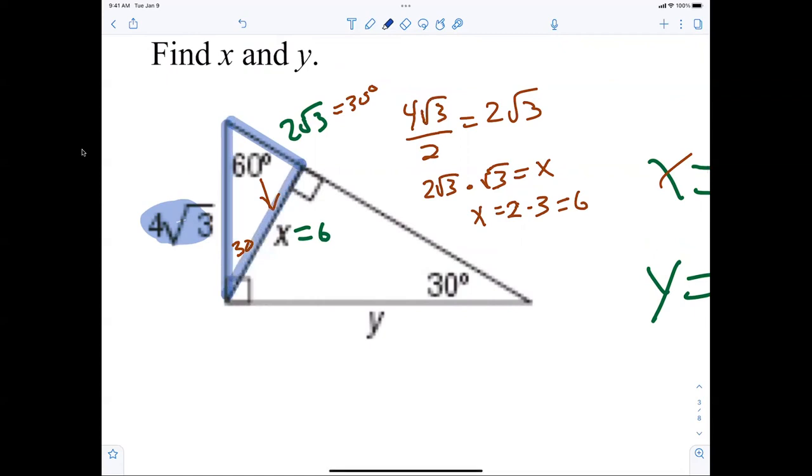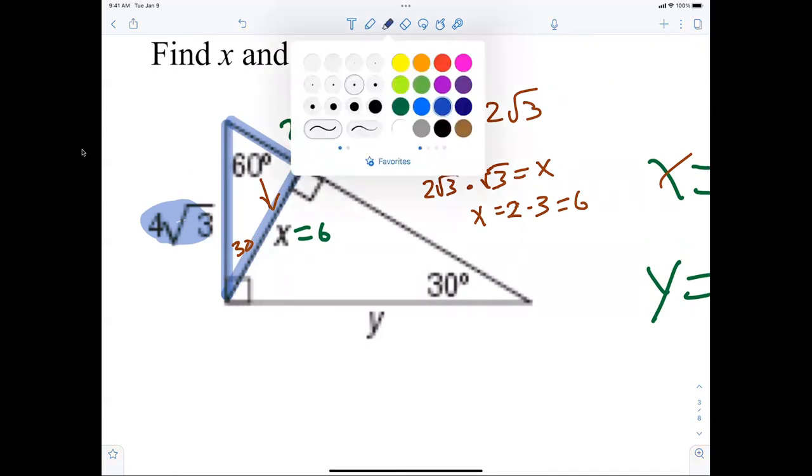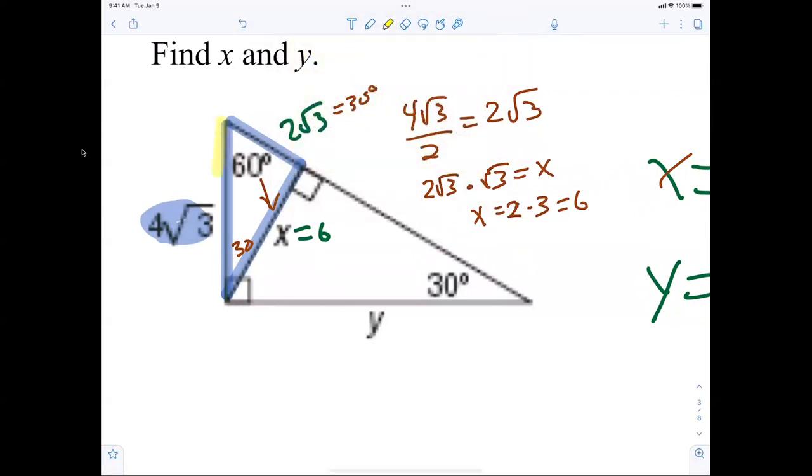I would like you to know that that 4 radical 3 is the hypotenuse, correct? Yeah. Now, next part. I'm looking at this triangle. The 4 radical 3 is what on this triangle? Yeah, opposite the 30.